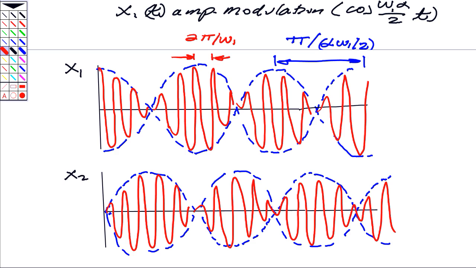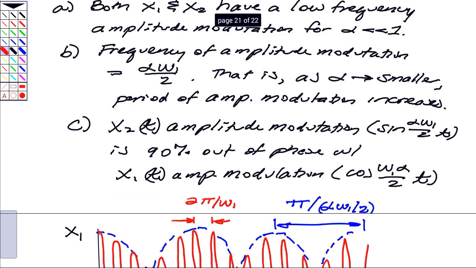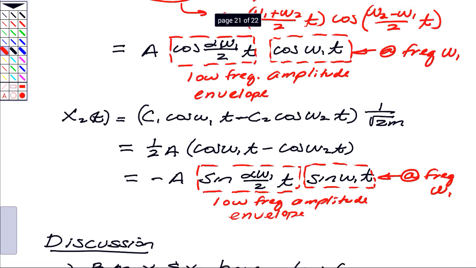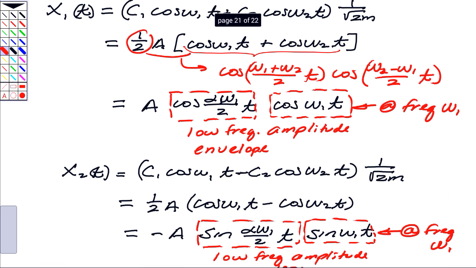It all comes back to really trig. This trig relationship is what tells us that. It comes out anytime your frequencies are close together: the sum becomes something like a sum and a difference divided by two. If that difference is small, that gives you a low frequency amplitude modulation.